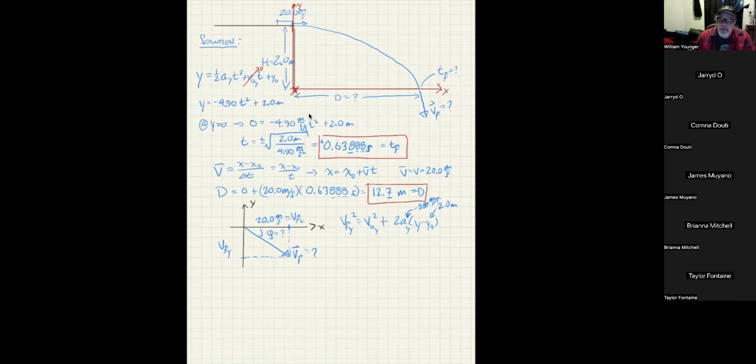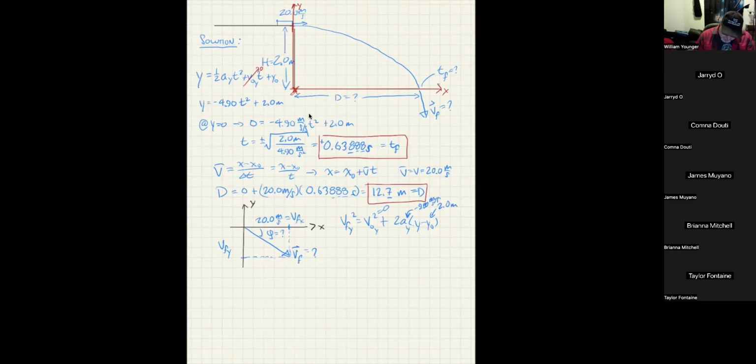The x direction velocity was 20, but the y direction, remember, negative gravity is definitely the acceleration, but the velocity, since it launched off a horizontal table, the instant it got off that table, it was not moving upward or downward. Exactly, so that's the 0.